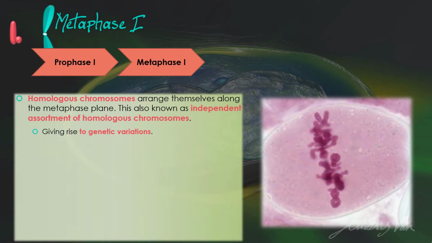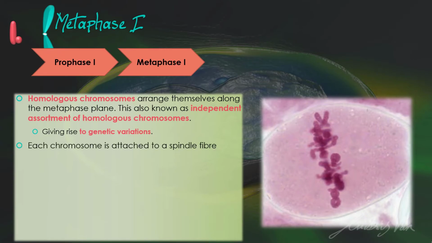And this is known as independent assortment of homologous chromosomes. This will also give rise to genetic variation, similar to crossing over. This is important. You need to take note that during metaphase, independent assortment of chromosomes will give rise to genetic variation.